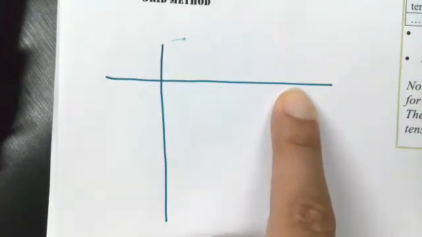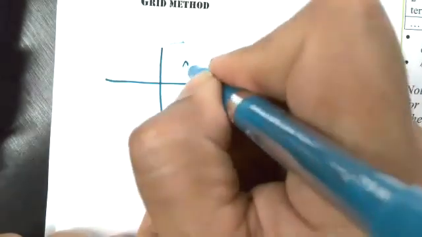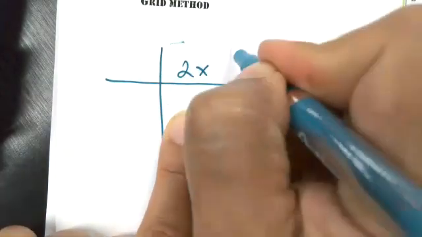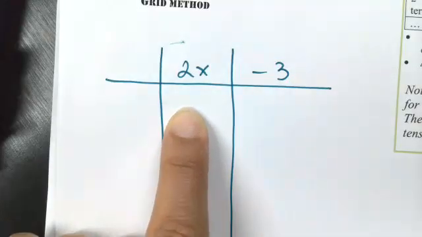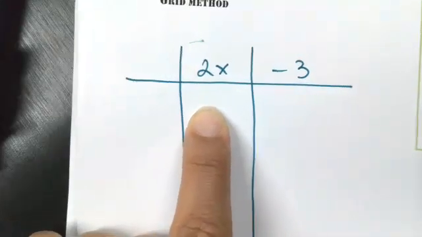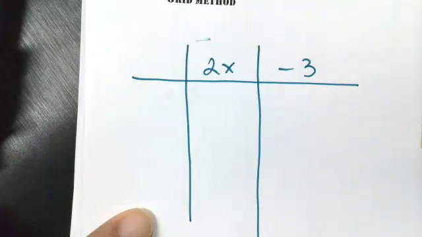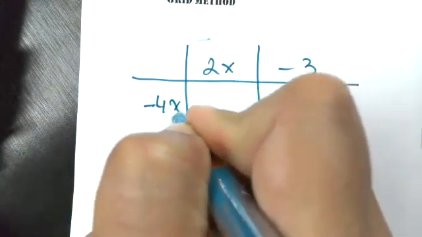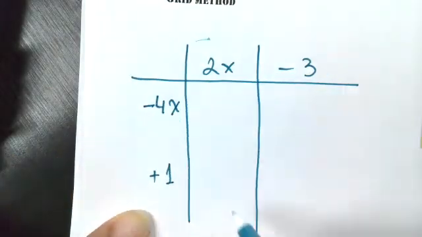At the top line, we put our first polynomial. It doesn't really matter which one. Splitting up the terms separately, 2x minus 3. And then on the left-hand side column, we put our second polynomial vertically, term by term. So negative 4x and positive 1.